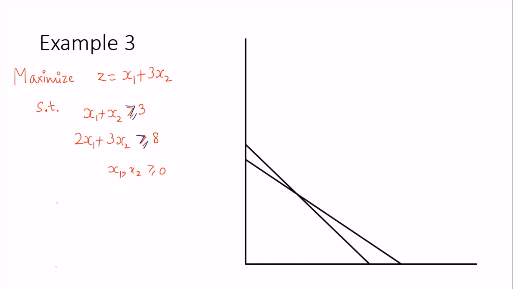The feasible region is going to change, because see, this is the line x1 plus x2 equals 3. This time x1 plus x2 greater than or equal to 3 will be this side, because 0 plus 0 greater than or equal to 3 is not true. So the opposite side region, which does not contain (0, 0), will be marked. Similarly for the other line the region will be this.